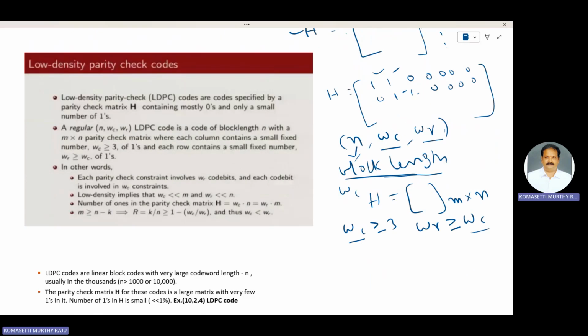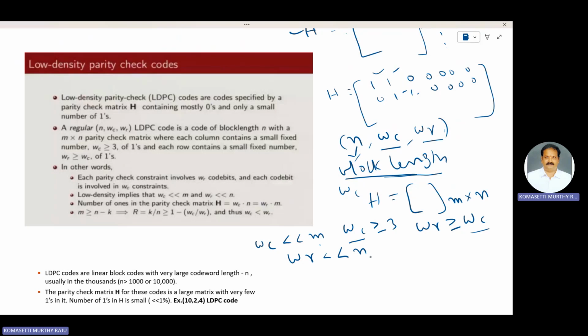Low density implies that WC is less than m, where m is the number of parity check equations. WC is the weight of each column, that is, the number of ones in each column. WC is less than m, and also WR is less than n, meaning the number of ones in a row is less than n.